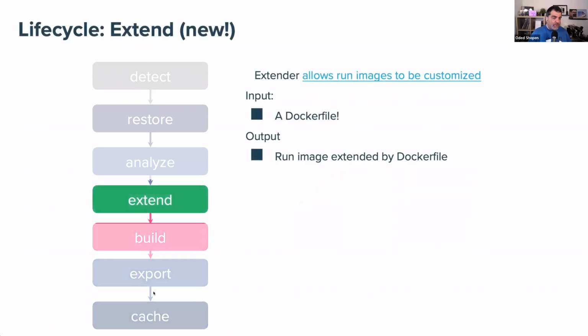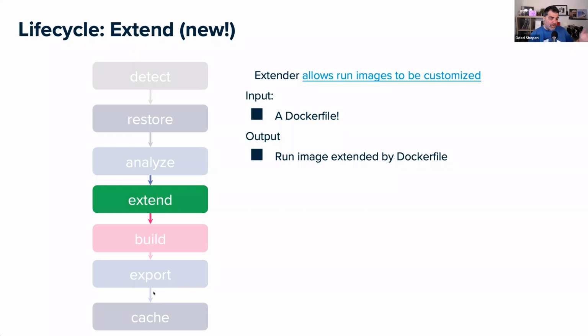There is a new addition to the specification, which is being implemented right now, called extend. This is based on feedback, because many times there were requests like, I want to do something extremely unique, custom, and unpredicted that the default build pack for a Java or Python application cannot do.